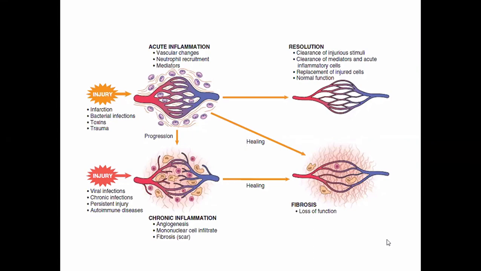Pain is secondary to the liberation of the prostaglandins and the cytokine mediators. The loss of function, or functio laesa, results from the pain and the injury to the tissues, and results in fibrosis.